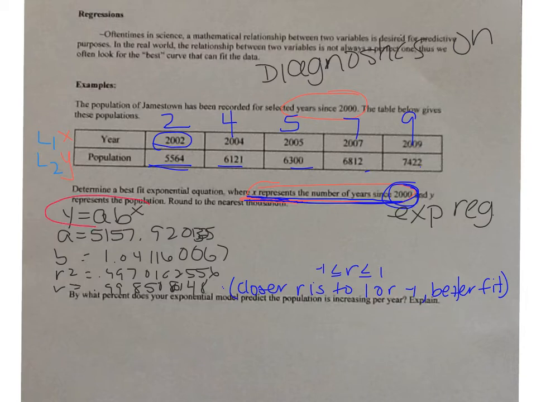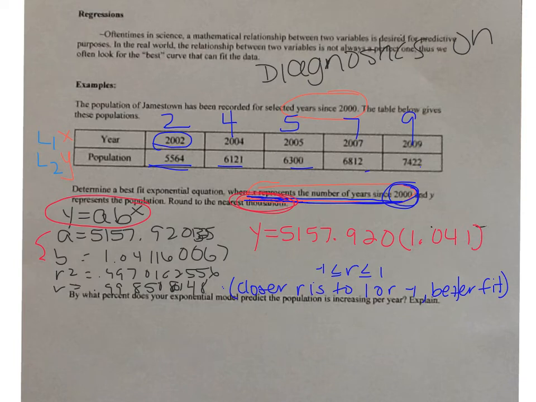So now you're going to take your equation, y equals a times b to the x power, and you're going to round your a and your b to the nearest thousandth, and write the equation. So it's y equals, a is 5157.920 times b, and b is 1.041 raised to the x power.